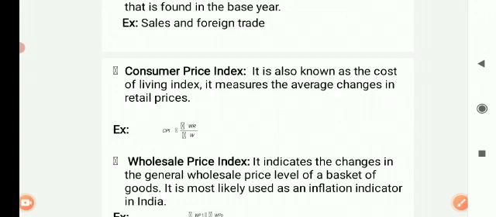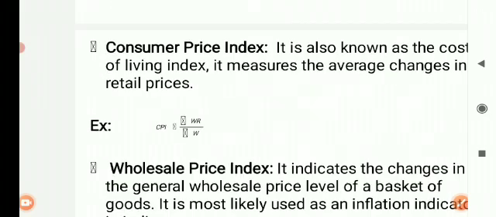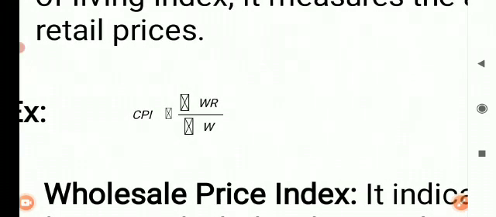Earlier, he paid 3000 rupees to purchase some amount of goods and services. For the same amount of goods and services, now he is paying 3500. It showcases that the price of the same commodity increased over a period of time. That is called consumer price index. It can be explained with the help of an equation.